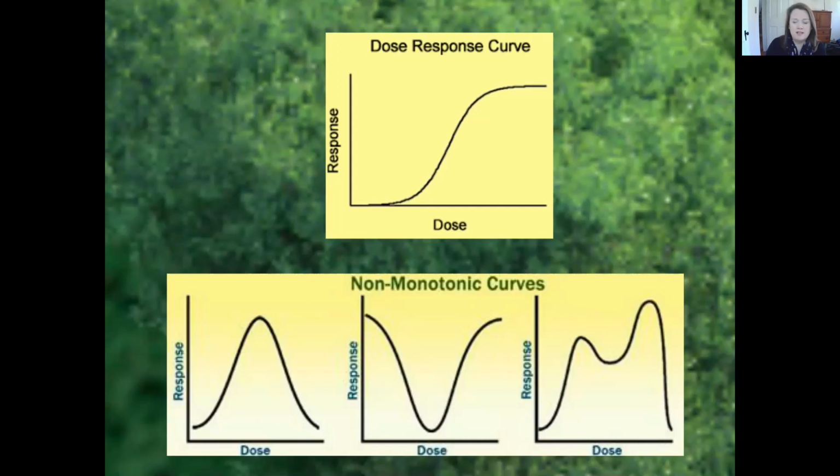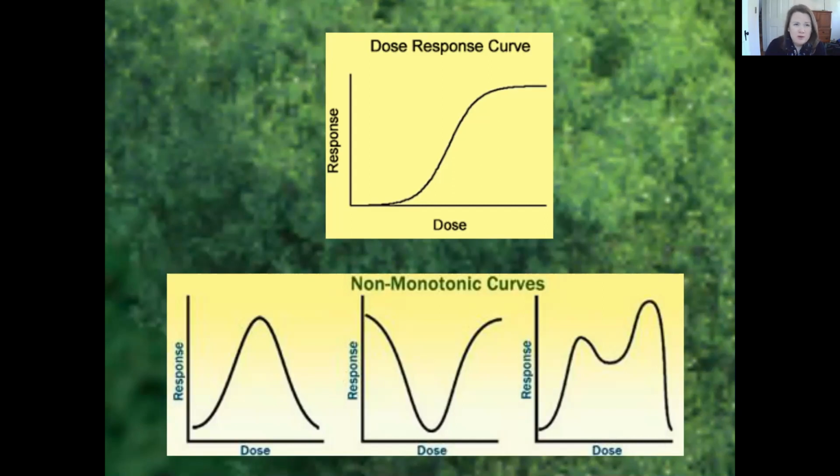The non-monotonic curves below that show how exposure to endocrine disrupting chemicals in particular has different types of effects in the body. So some at very low levels, as you can see, may have almost no impact or a very high impact depending on the particular chemical.